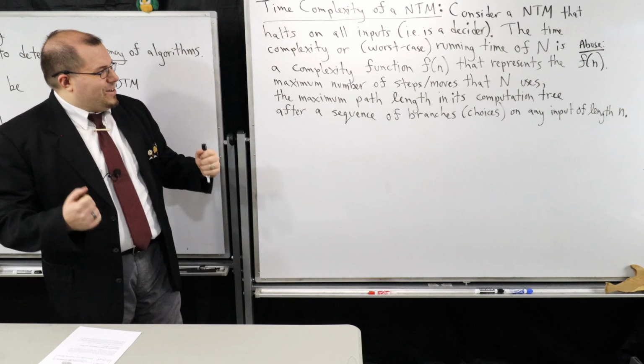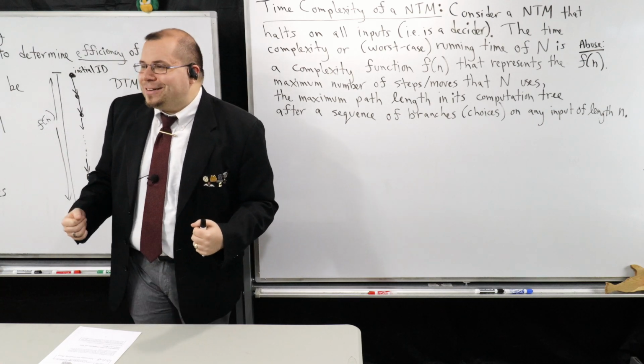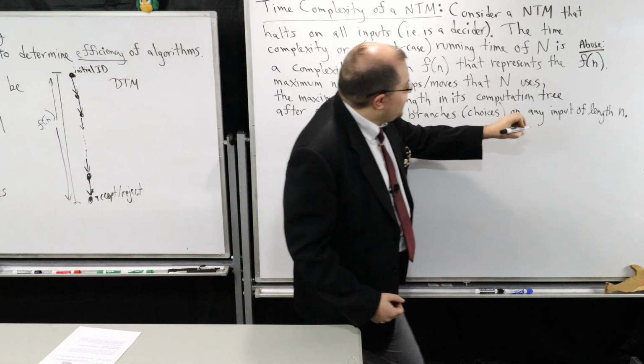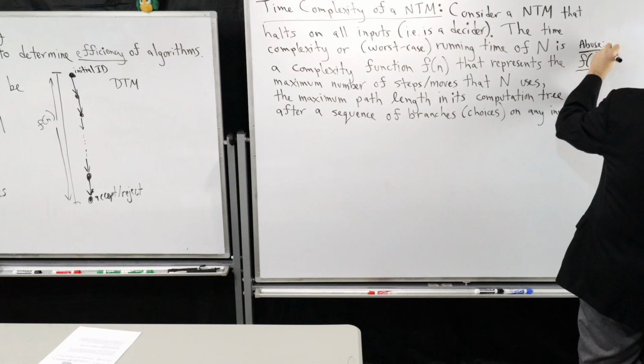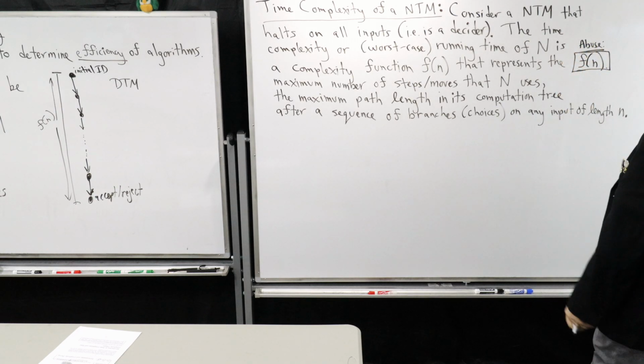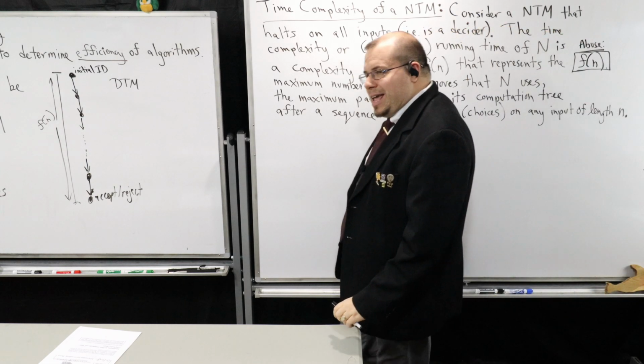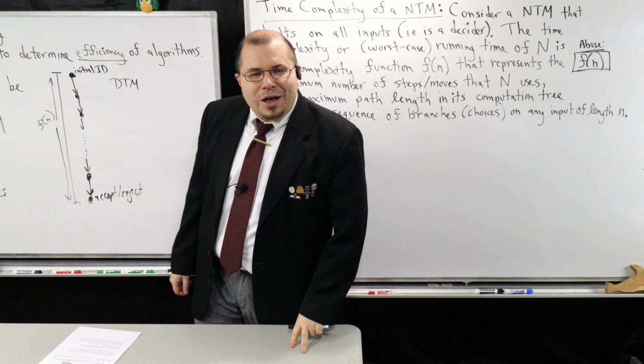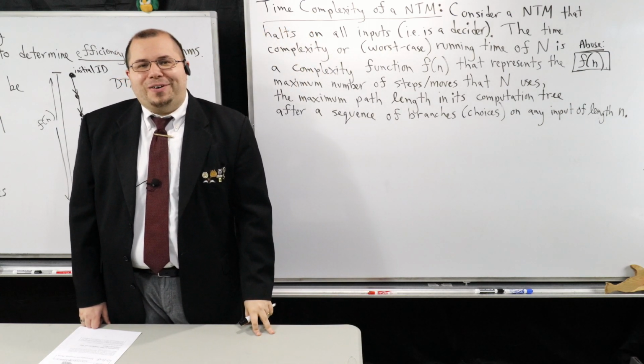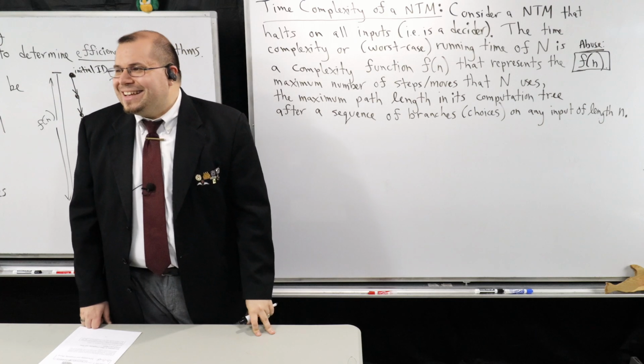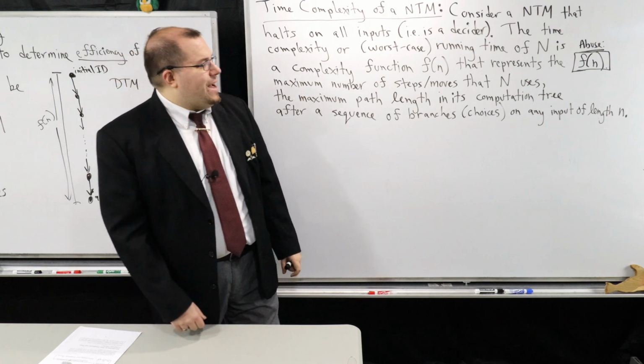Come on, somebody's got to know about functions. What does f of n actually mean from a function standpoint? Is that the name of a function? No, right? It's the output of a function given n, right? Yeah, it's the value it has.